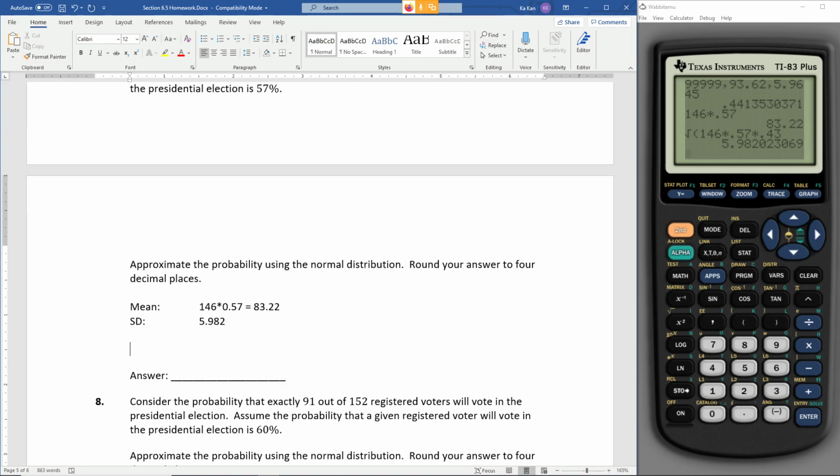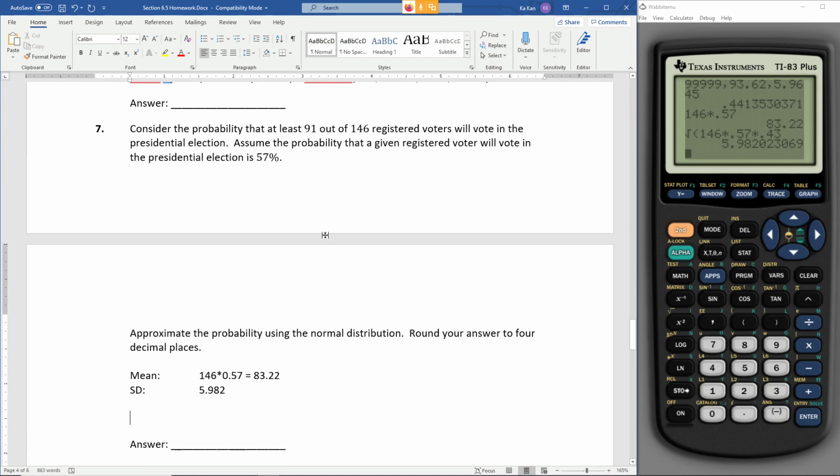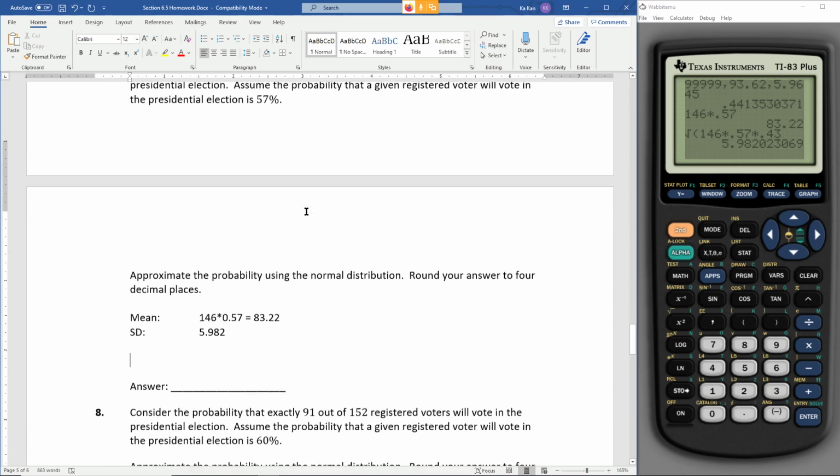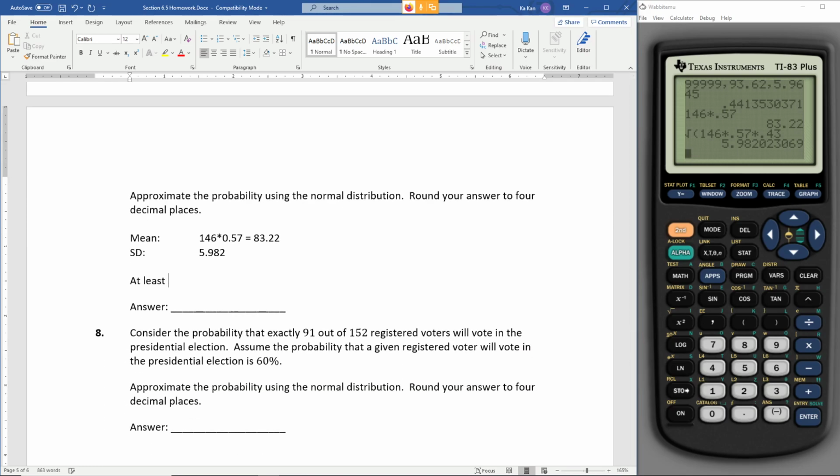We want to know at least 91. At least 91 means, for normal distribution, X bigger than 90.5 because you are including 91.